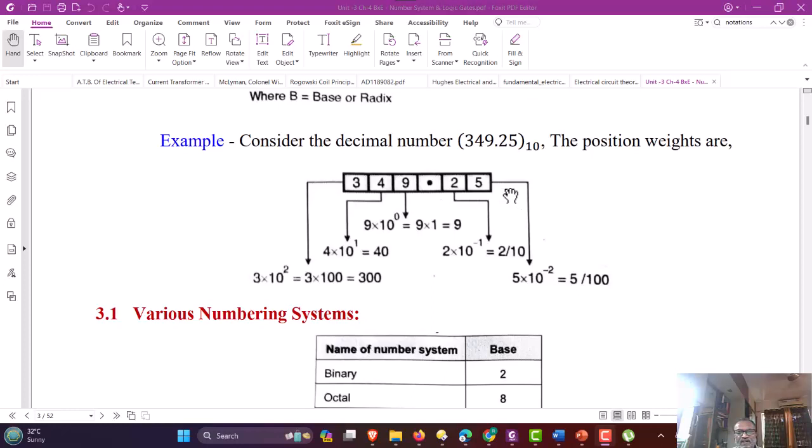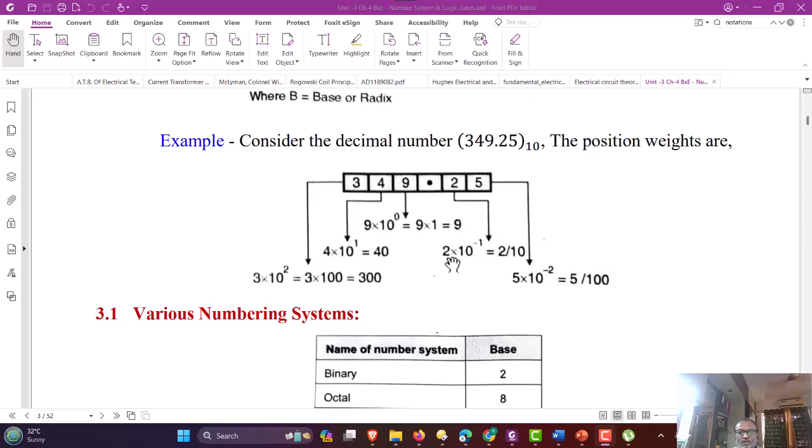Whereas if you see the fractional portion, in the fractional portion we know the position weight is increasing with the negative power of the base. Here base is 10. So the first digit after the decimal point on the right hand side is 2. The positional value of this position is 10 raised to minus 1.